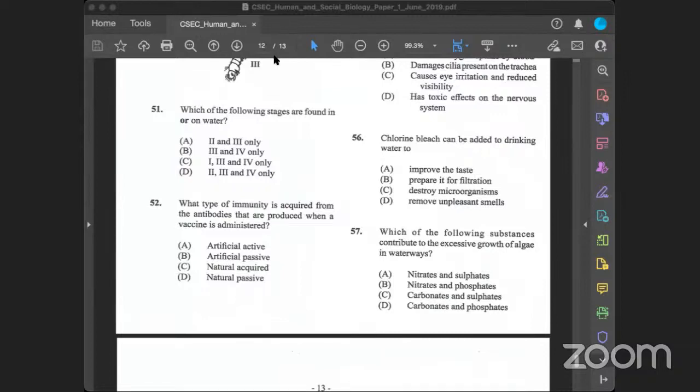So we're giving a vaccine, a weakened pathogen. So what type of immunity is that? Artificial active, artificial passive, natural acquired, natural passive. I'm waiting in the chat for your answers.